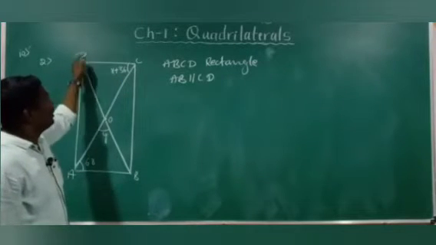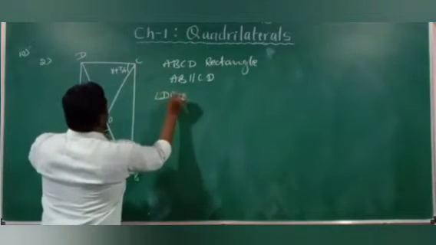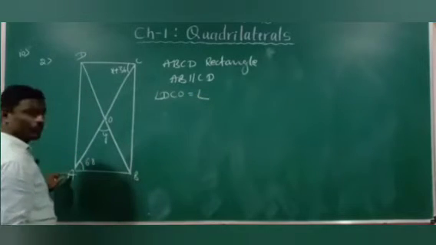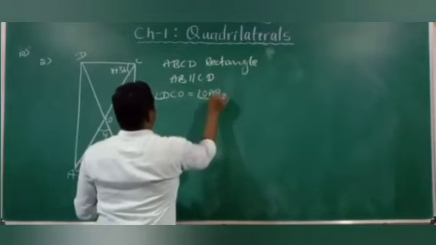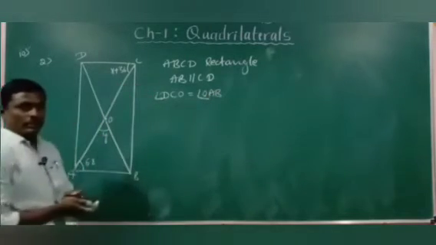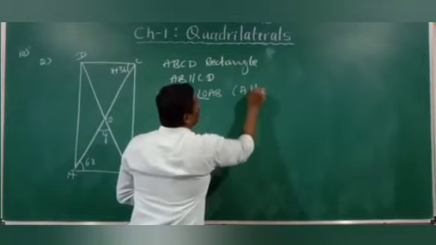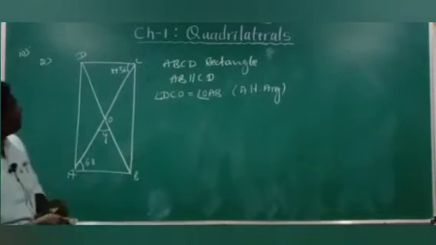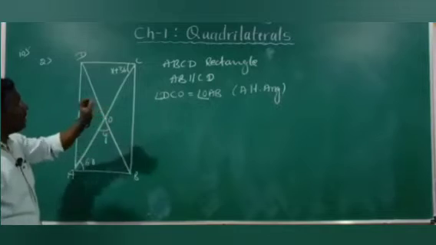So angle DCO is equal to angle OAB. These two angles are alternate angles. So just consider the given angles DOC and OAB.